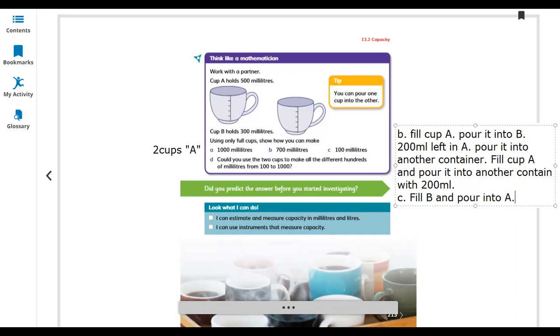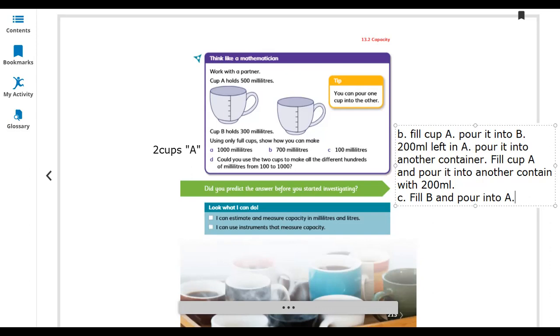Fill B, it's 300, and then put it into cup A. Now in cup A the capacity is 500, but you're putting in 300. Finish.